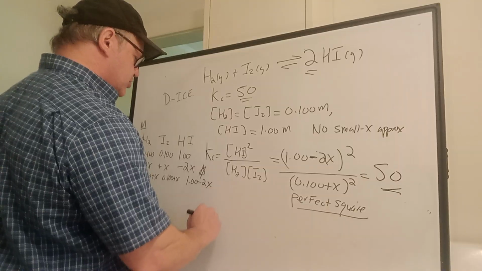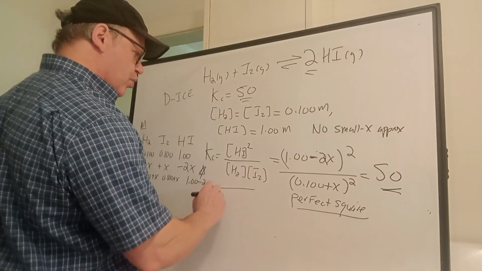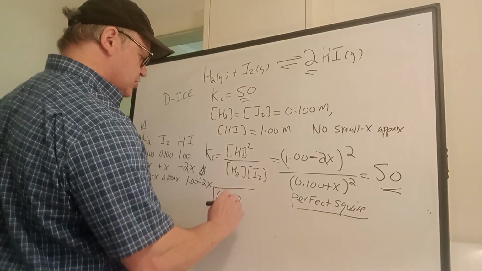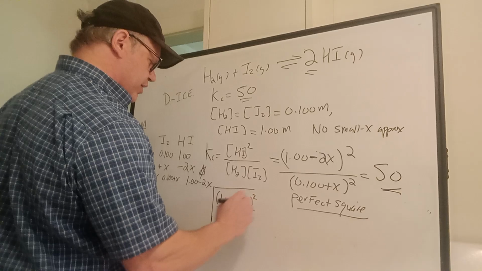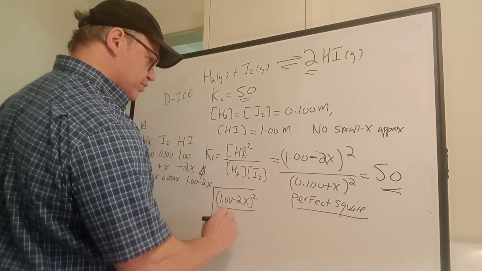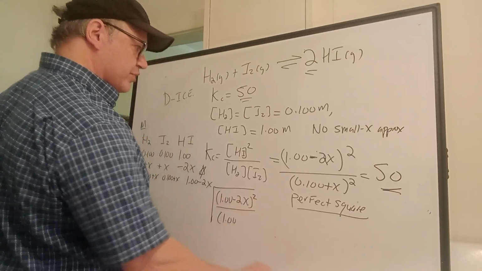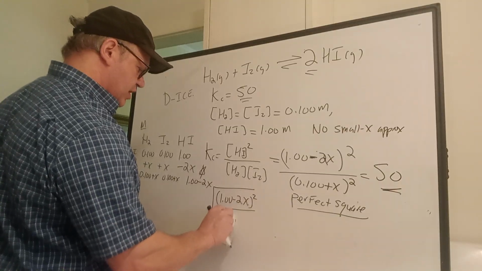So when you take the square root of 1.00 minus 2x, and then you hit squared. I'm doing it out. Hopefully you can see this readily.